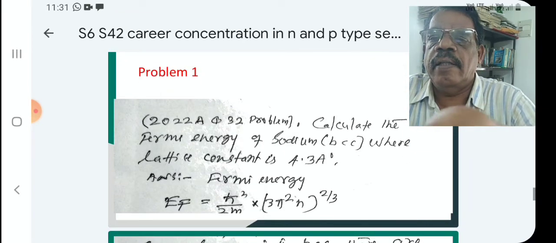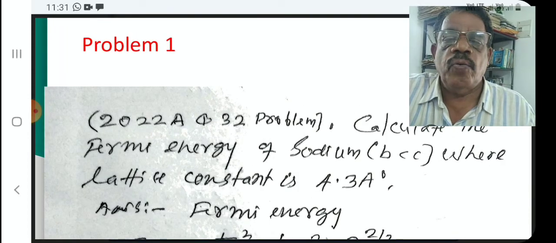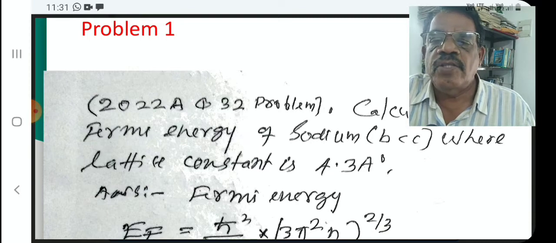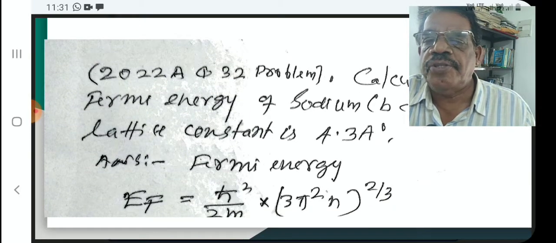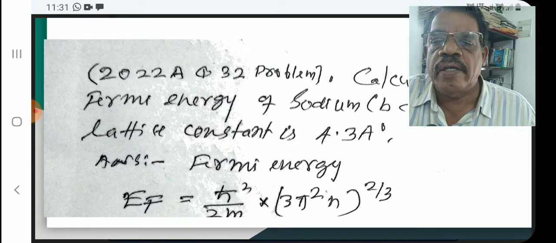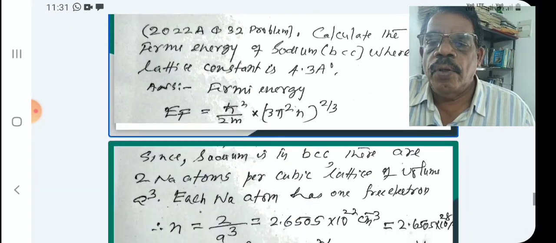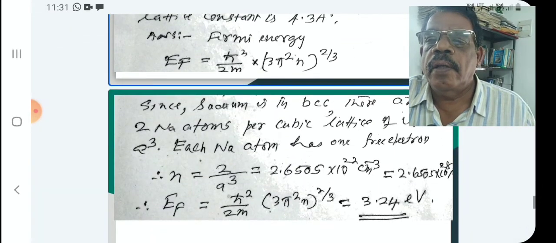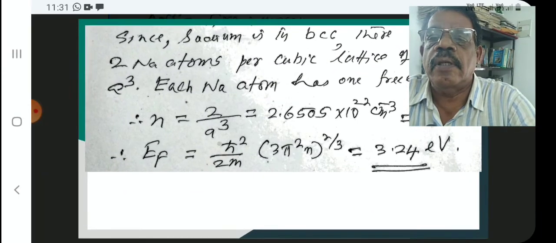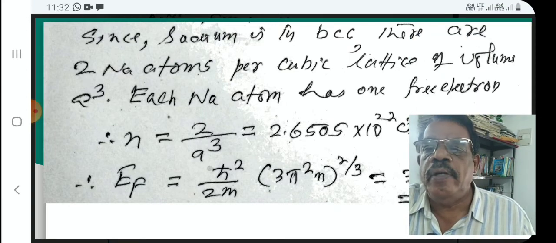Then there is a problem, 2022 April problem. Calculate the Fermi energy of sodium BCC where lattice constant is 4.3 angstrom. Fermi energy EF is h cut square by 2m into 3 pi square n raised to 2 by 3. You see, sodium is BCC. There are 2 atoms per lattice of volume a cubed.